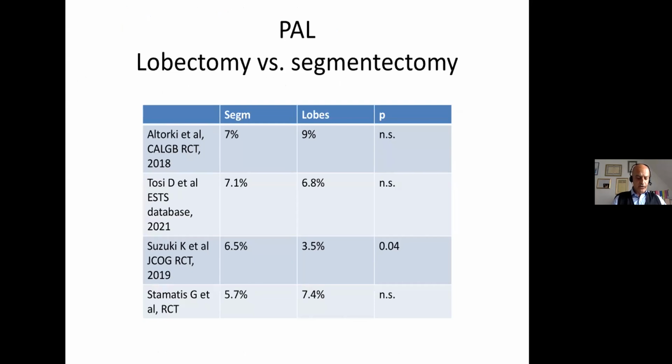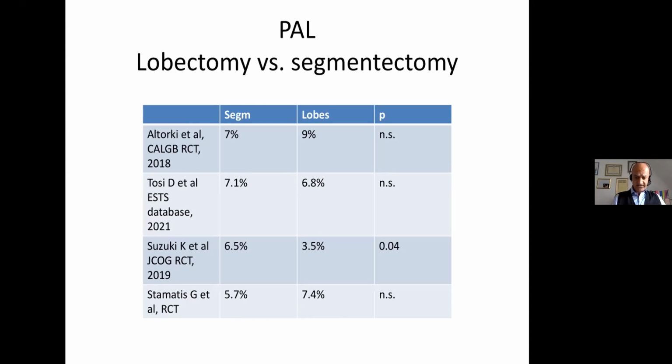We now have a growing interest in doing sublobar resection like segmentectomies, and the majority of studies didn't find an increased rate of air leak after segmentectomies compared to lobectomies, with the exception of the early outcome report from the JCOG randomized trial in 2019, and they found almost 2-fold higher incidence of PAL compared to lobectomy.